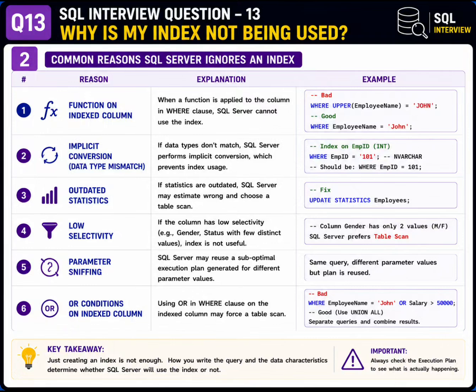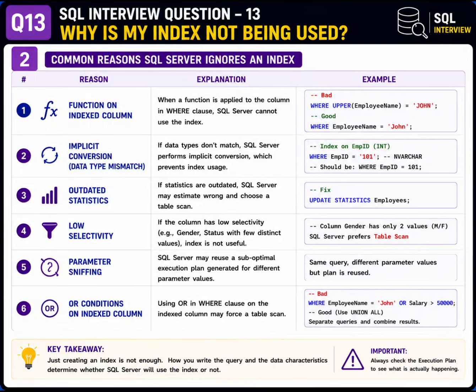Then the third one is outdated statistics. SQL Server relies on statistics to estimate how many rows a query will return. If the statistics are outdated, SQL Server may choose the wrong execution plan and ignore the index. So updating statistics can solve this problem.